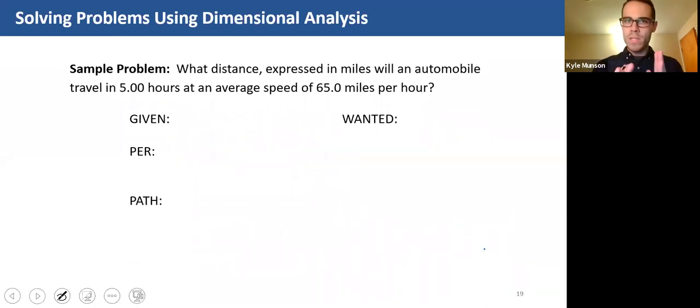So again, pause the video, go through this problem: what distance expressed in miles will an automobile travel in 5 hours at an average speed of 65 miles per hour? Okay, so pause the video, see if you can answer it, then we'll go through it together.